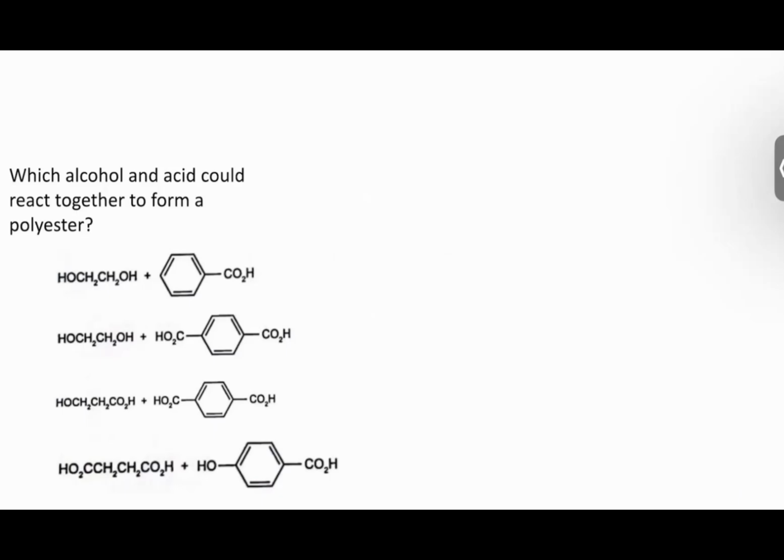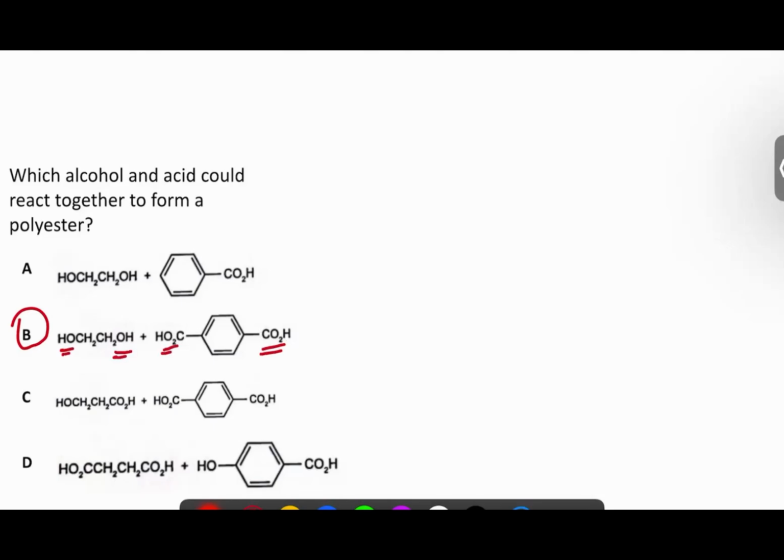Which alcohol and acid could react together to form a polyester? To form a polyester, the alcohol and the acid must have two functional groups to form the ester linkage. In this example, option B is the correct answer because both the alcohol and also the acid COOH have two functional groups.